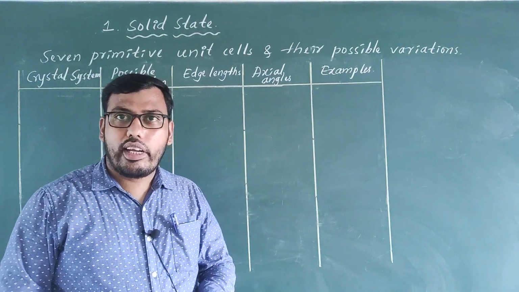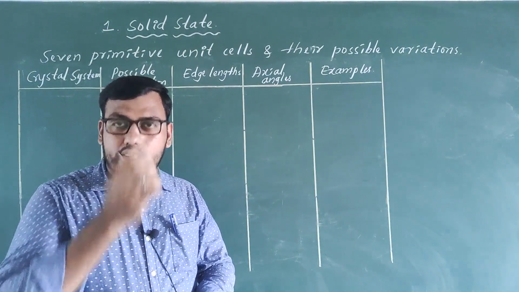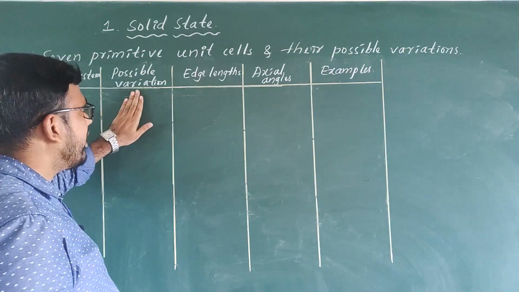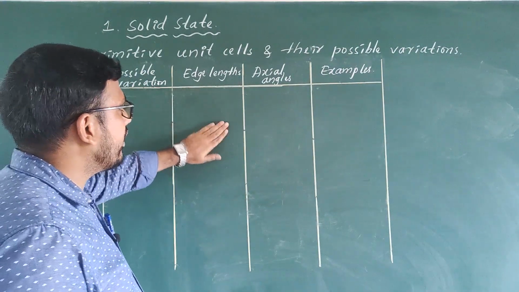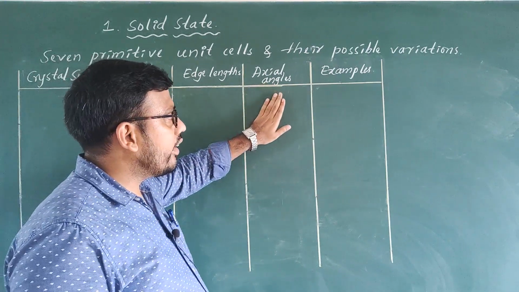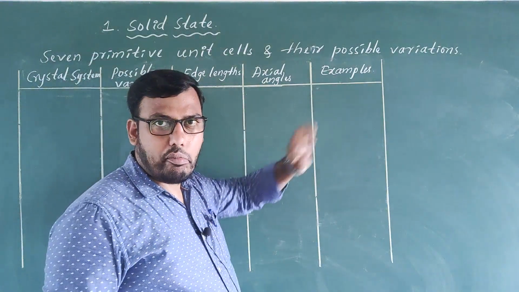Let us summarize these crystal systems once again by writing their possible variations, how the edge lengths and the axial angles are arranged in that particular crystal system, along with some examples.